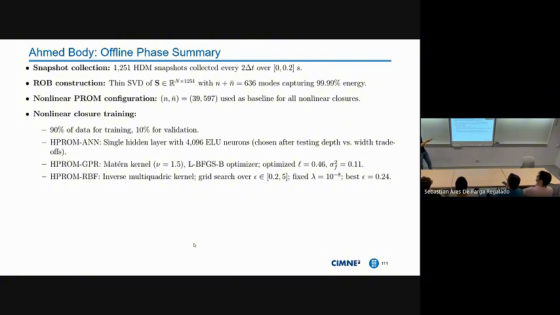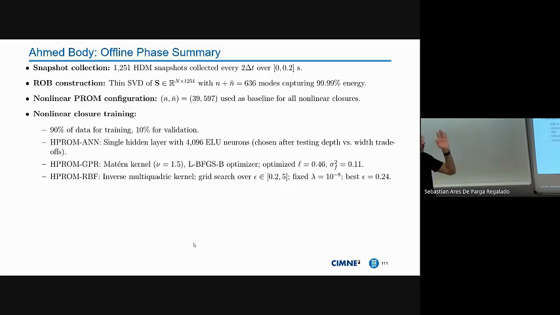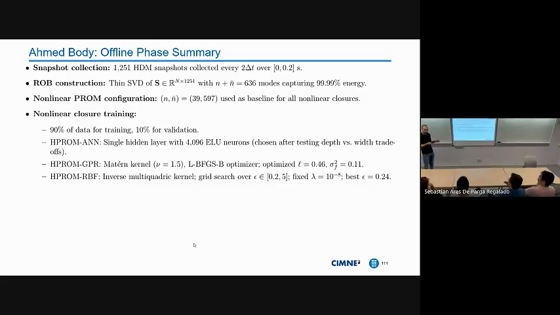So for the RBF, we set candidate kernels, also a bound of the length scale, and we just do a brute force grid search with cross validation in order to find it, and we will see what we're doing with this.